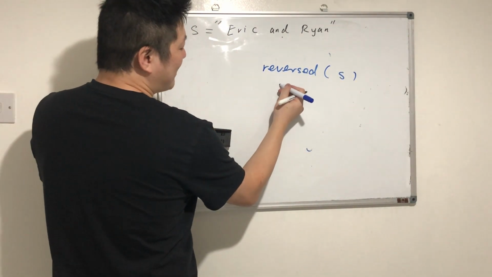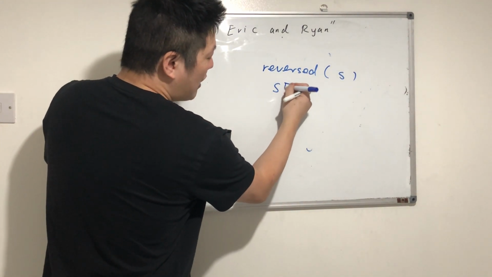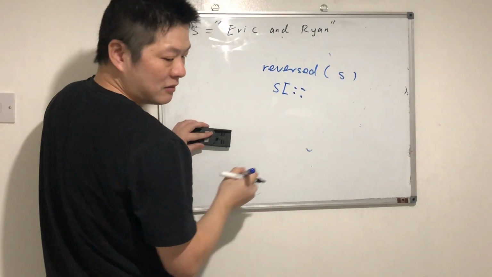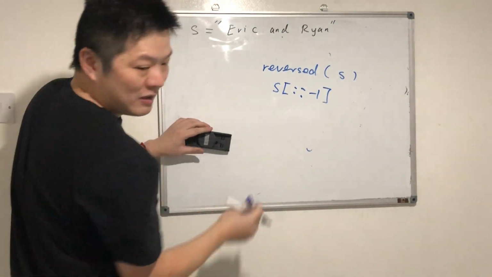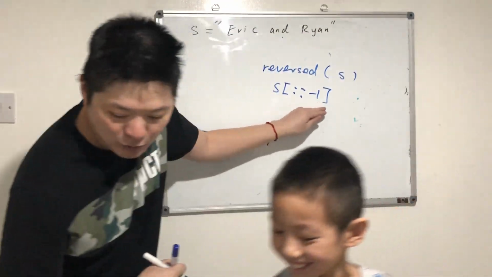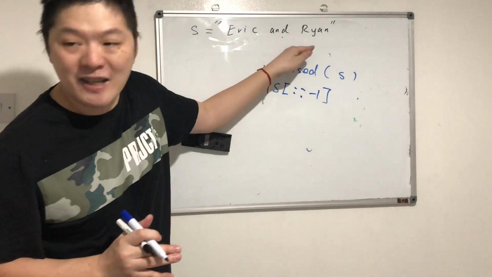Or alternatively, you can do S[::-1]. So double colon minus 1 means to reverse it. It's the reverse version of S.